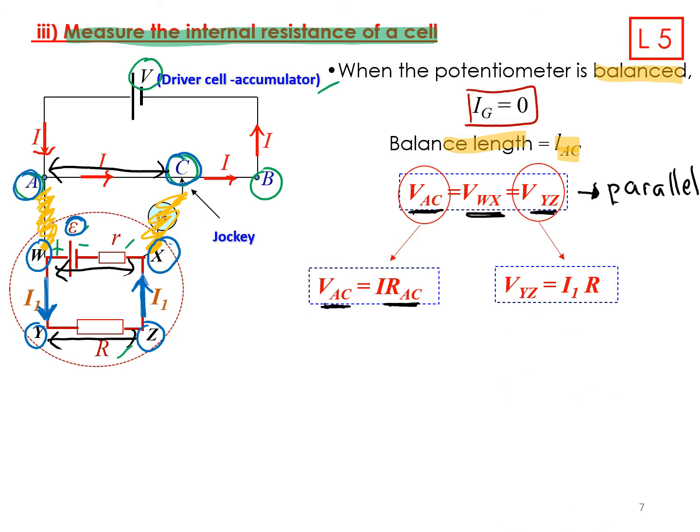And for VYZ at the lower circuit, VYZ is equal to I1 multiplied with the external resistance, VYZ equals I1 R. So that's the difference: VAC is caused by this current, but VYZ is caused by current I1.